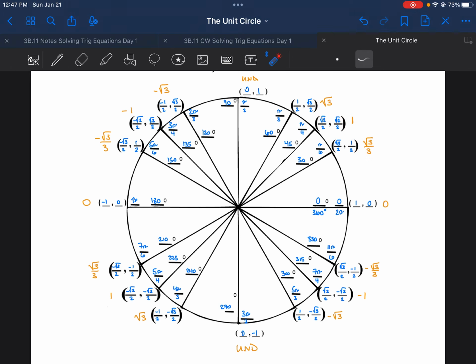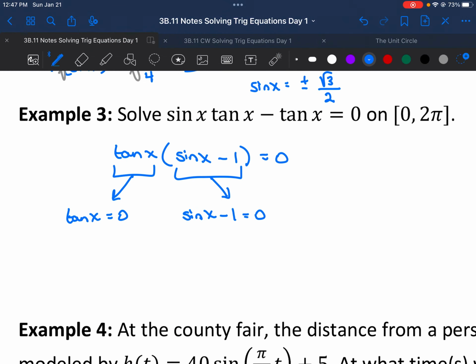But we can see that the 0 tangent values are happening here at 0, which is also the same as 2 pi, and here at pi. So for this one only, where tangent of x is equal to 0, we have x equals 0, pi, and 2 pi. But we also have this one right here.